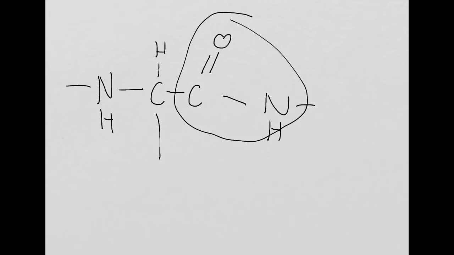But then the amino acids, some of them have charged side groups. So it could be CH2, and something is hanging on there. For example, an SH group. Which amino acids contain sulfur?